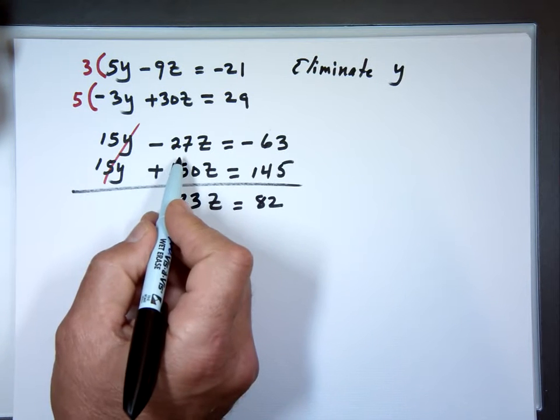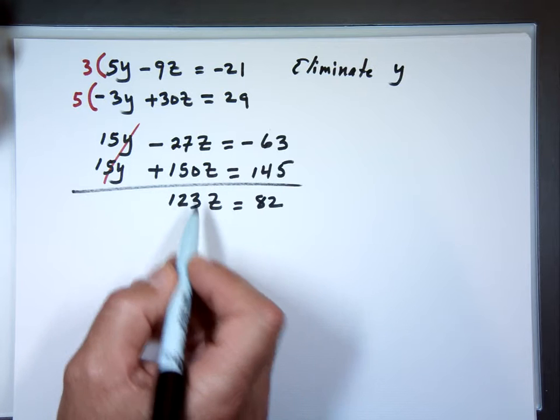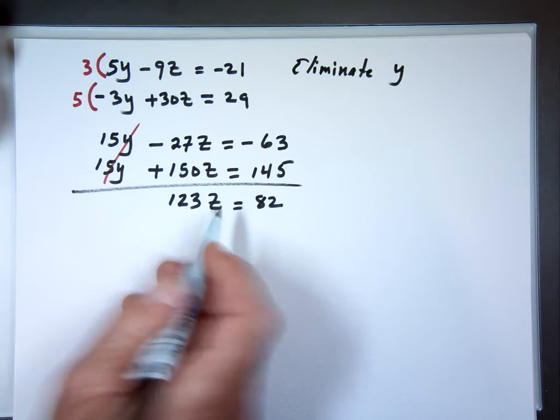Negative 27, just making sure. That's 150, 123.